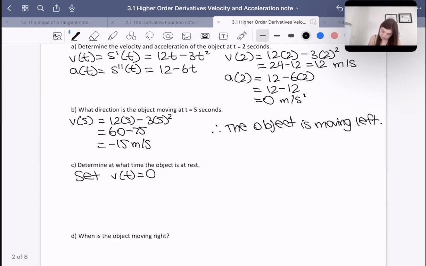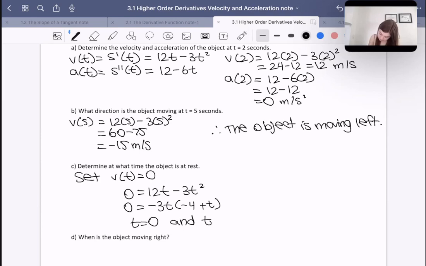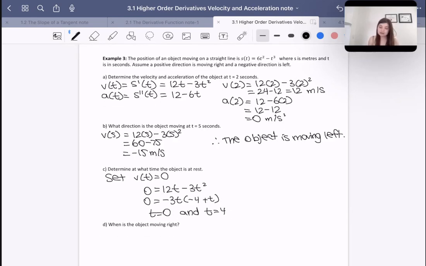That is going to be 0 is equal to 12t minus 3t squared, which means that we can factor out a negative 3t, and over here get negative 4, and then here get plus t. So that means that t equals 0 and t equals 4. So the object is at rest at 0 seconds and at 4 seconds.